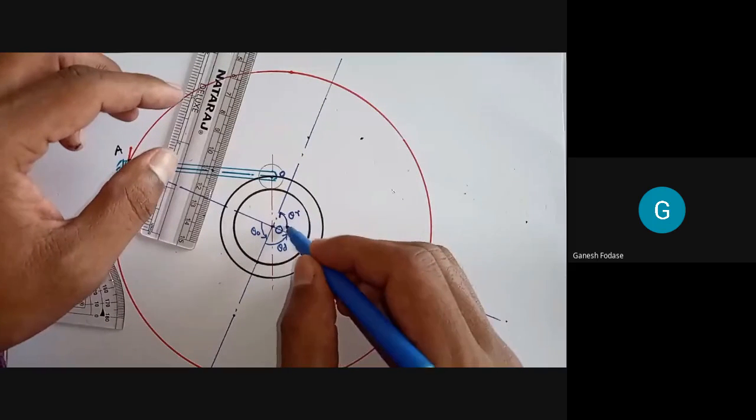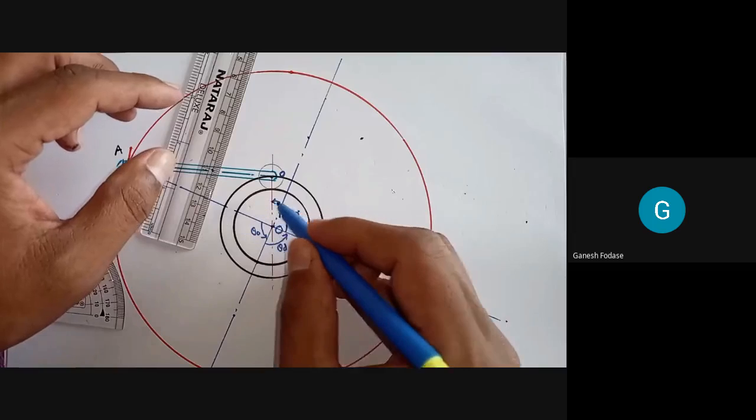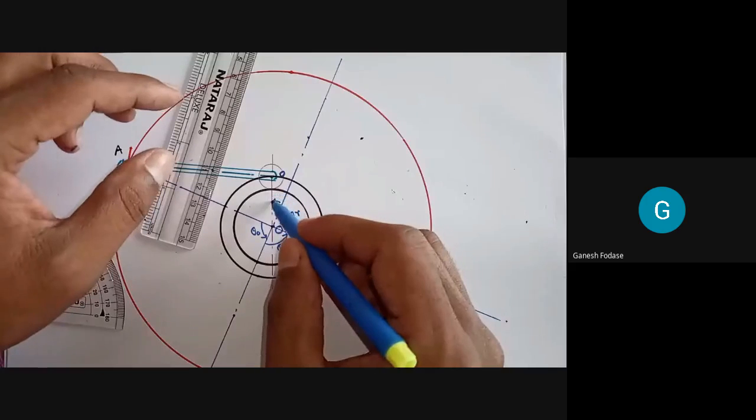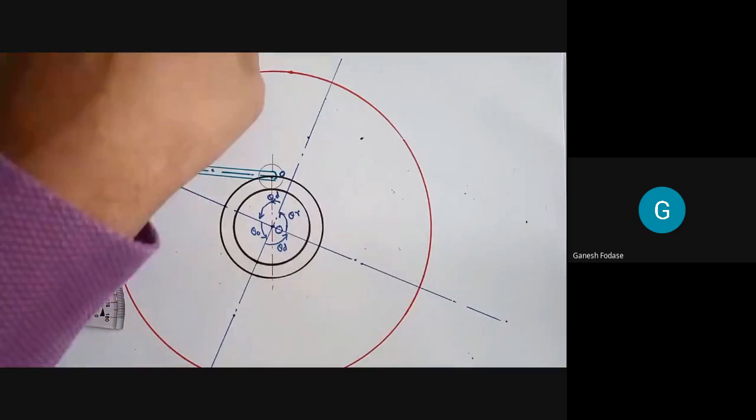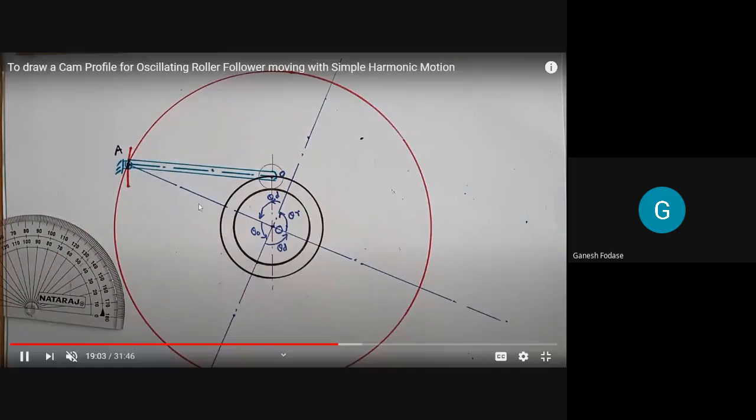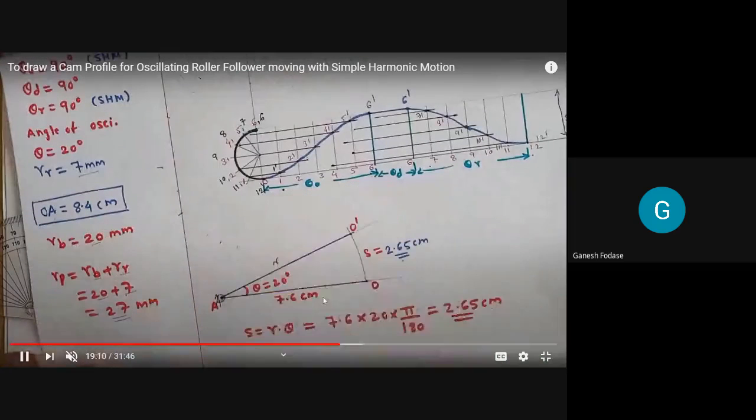So this one is theta R. Now you see the difference between the oscillating follower and other followers. In other cases, we consider the prime circle. But here we divide not the prime circle, but the oscillating circle.